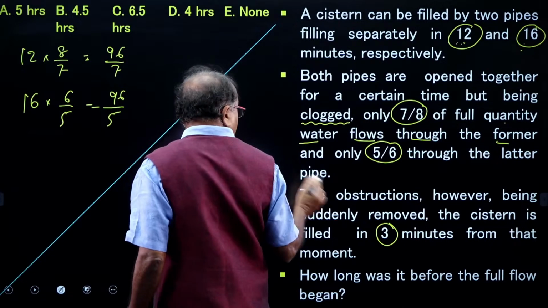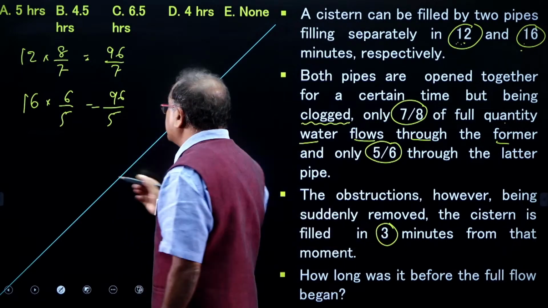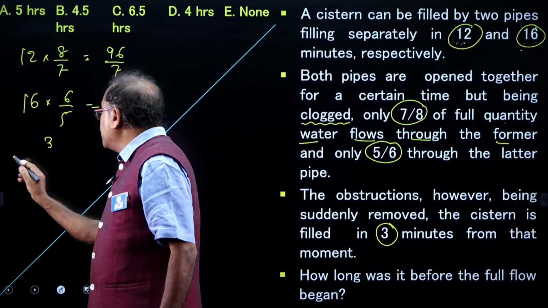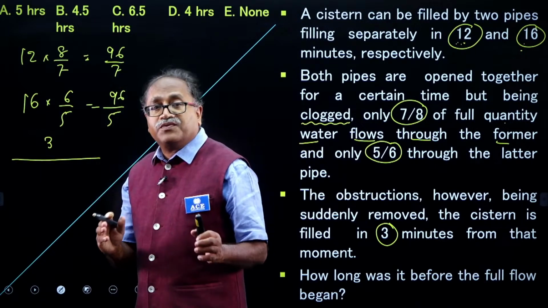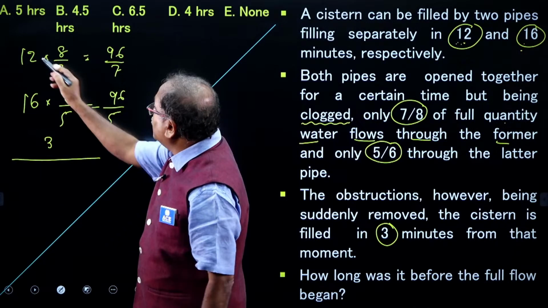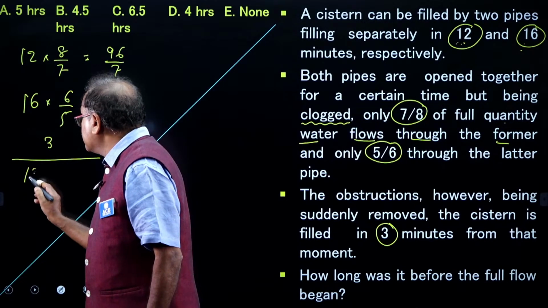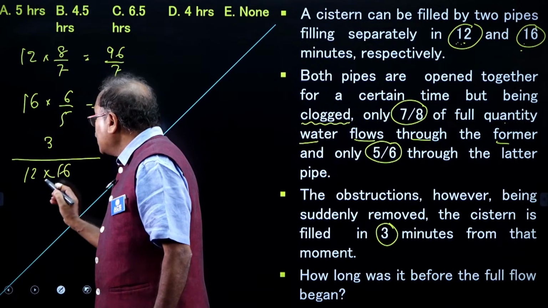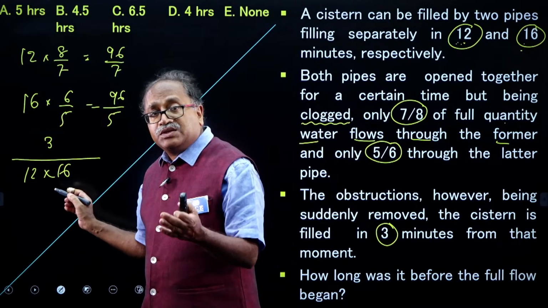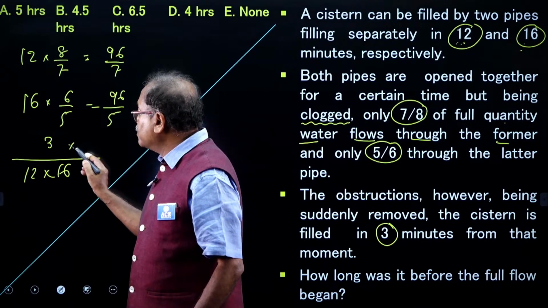So, here in the last 3 minutes, this is 3 by what part of the tank is filled. So, that is 12 into 16 by 12 plus 16, which is 28.